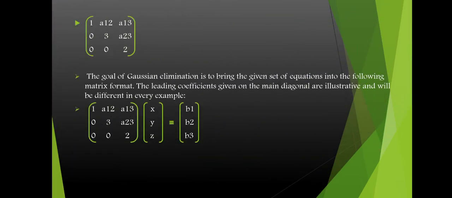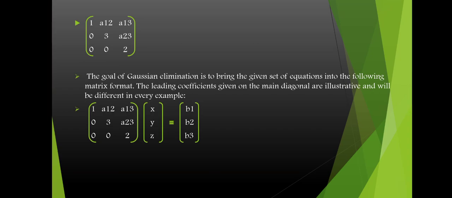So here we see the matrix 1, A12, A13; 0, 3, A23; 0, 0, 2. Here we see the A11 part is 1, A21 is 0, A31 is 0. The number of zeros is increasing down the rows.